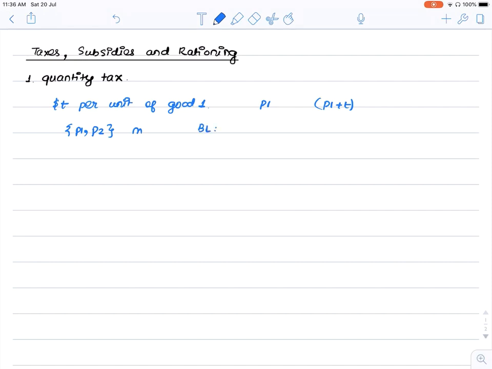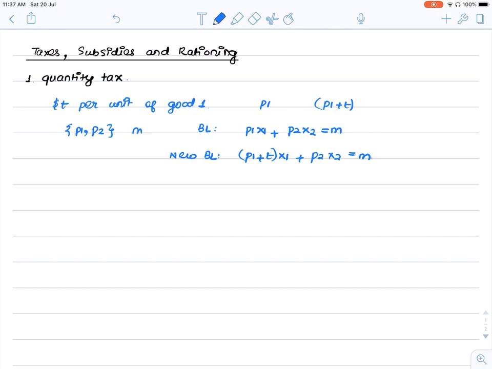So if earlier the prices were given as P1, P2 and income as M, the budget line was P1x1 plus P2x2 equals M. But the new budget line: now the price of x1 is not P1, it is P1 plus T. So the new budget line is (P1 plus T)x1 plus P2x2 equals M. Note that it is a steeper budget line than the old budget line.